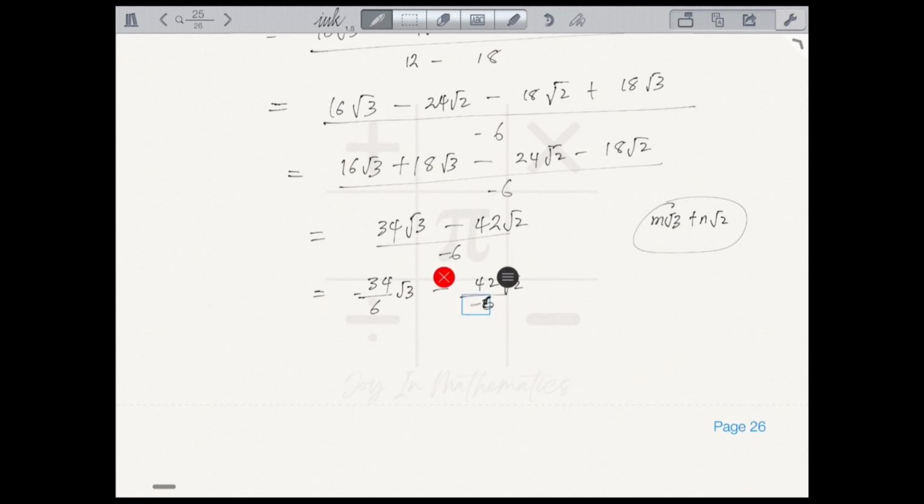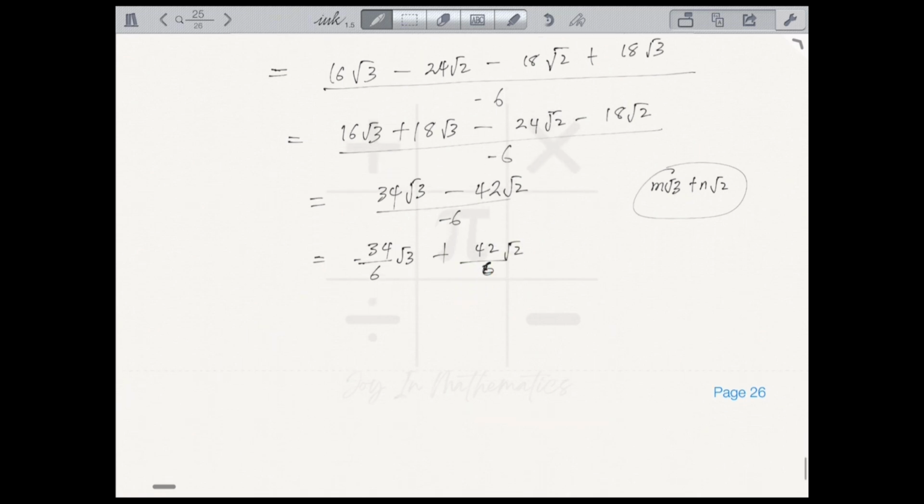So instead of writing minus, you just change this to plus. So 34 divided by minus 6 will be simplified to minus 17 over 3 root 3, and this will be plus 7 root 2. So if you compare this result to this now, we are saying that m is equal to minus 17 over 3 and n is equal to 7.